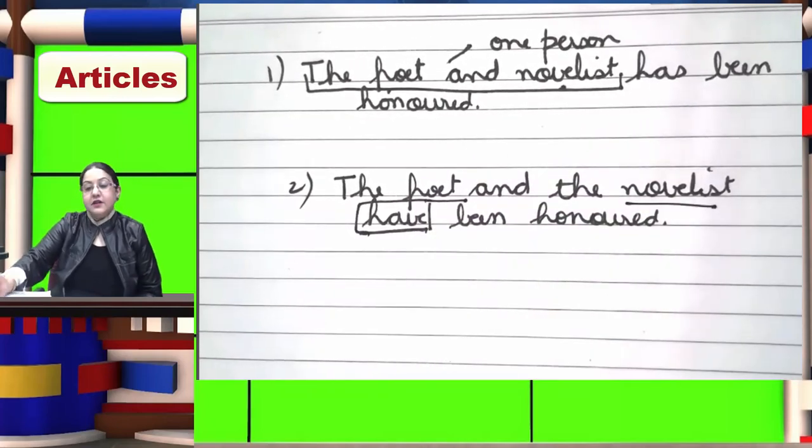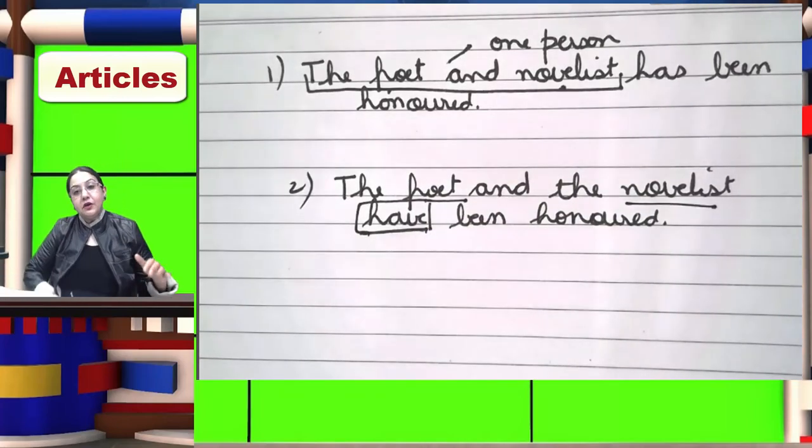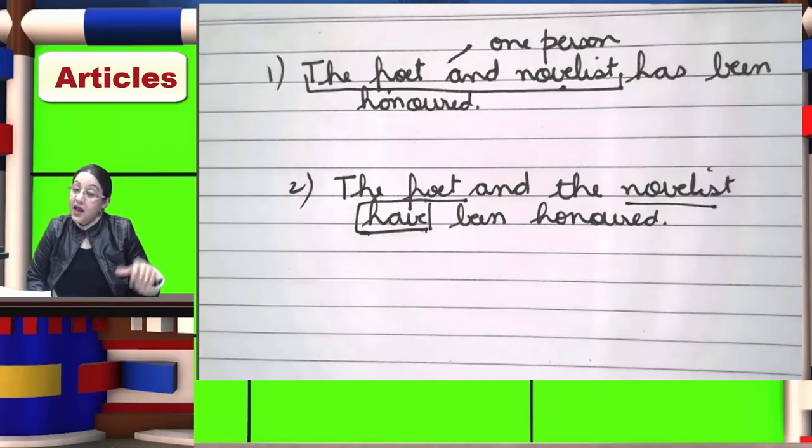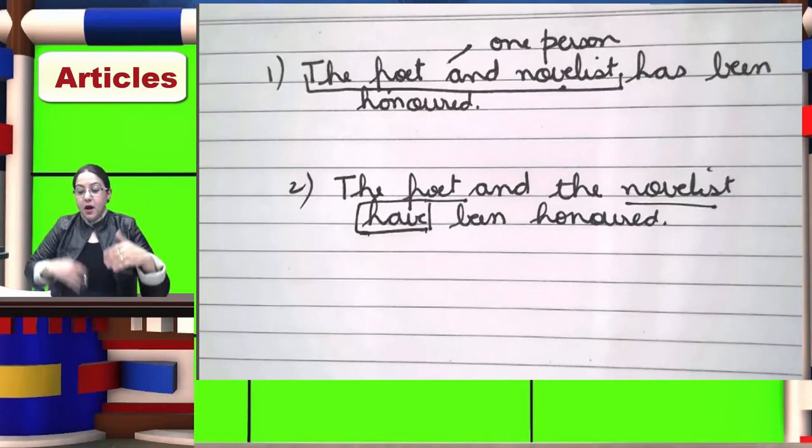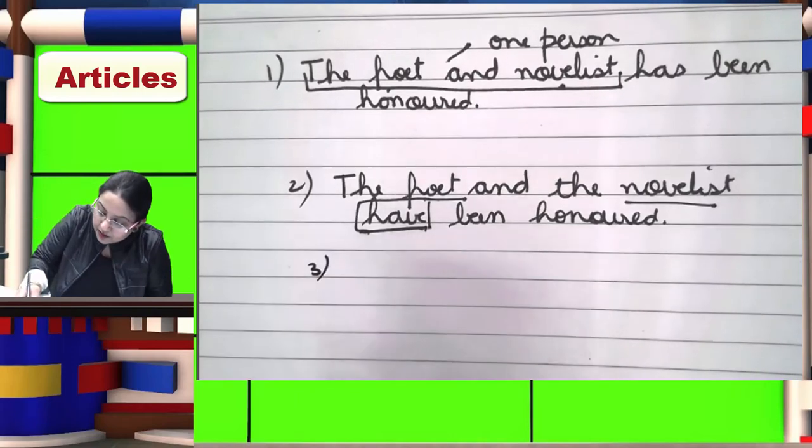Poet is a different person and novelist is a different person. Now in this particular case, if I say the poet and the novelist has been honored, again I am talking about one person only. But if I say the poet and the novelist have been honored, I am talking about two different persons.